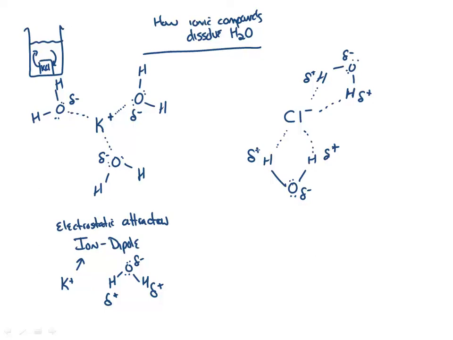Okay, so that's how and why ionic compounds dissolve in water. So what about molecular compounds? Well, that's the whole point. They don't necessarily dissolve in water too well, right? So for instance, here's a nonpolar molecule.